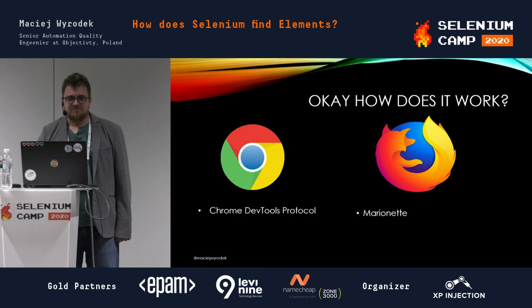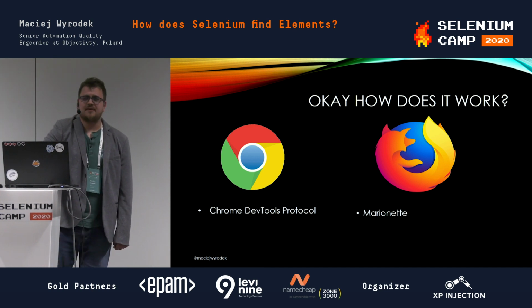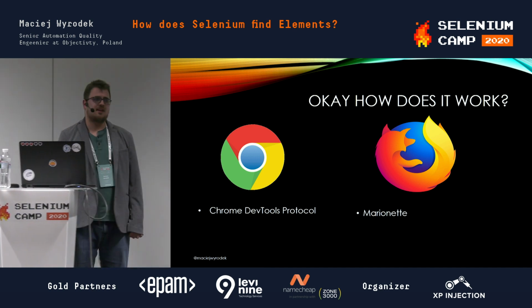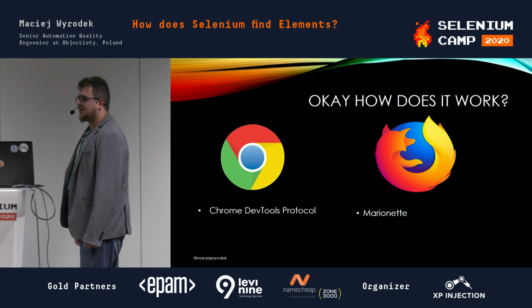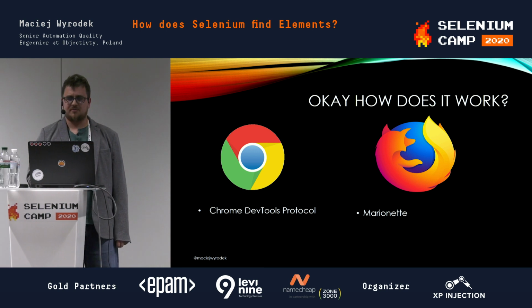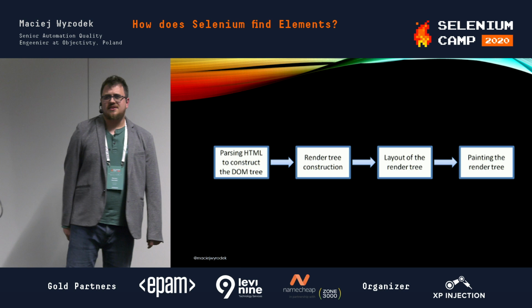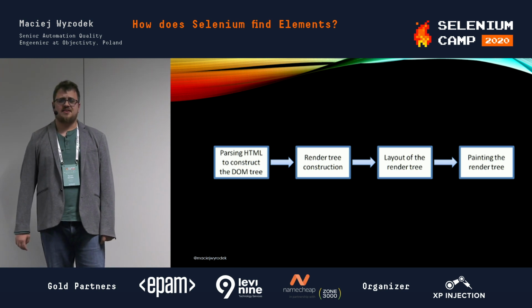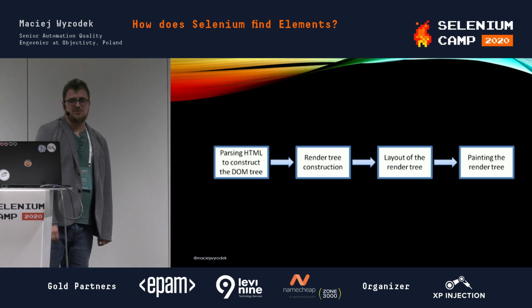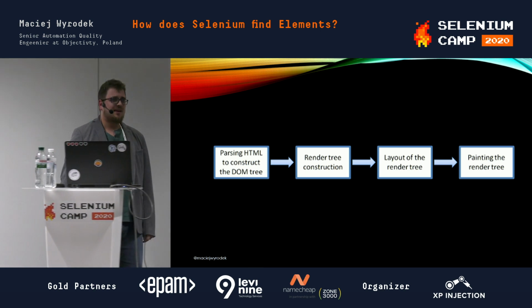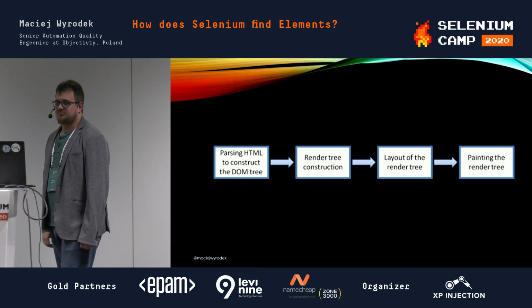But I am a tester. I don't believe developers. So I found a nice article from 2011 about how different browsers work. It's a little dated, but there is still lots of important information. Basically what it states, in the browsers, the most important part is the rendering engine. And currently on the market, there may be two and a half. There is WebKit, there is Blink, which is a fork of WebKit, and there is Gecko.